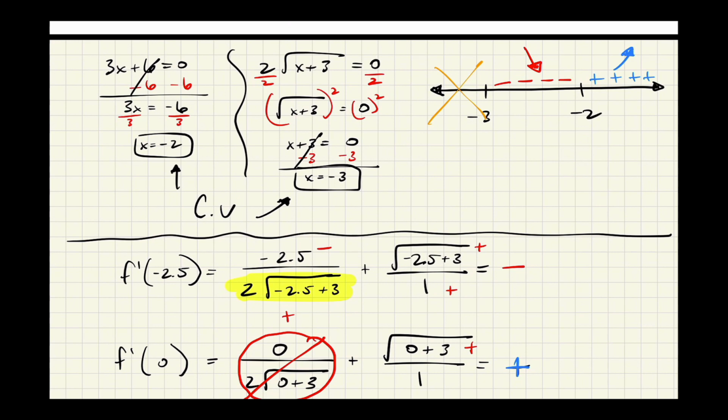So we're only going to have one extrema here. Is it going to be a maximum or minimum? It's going to be a minimum. Relative minimum at x equals negative 2.